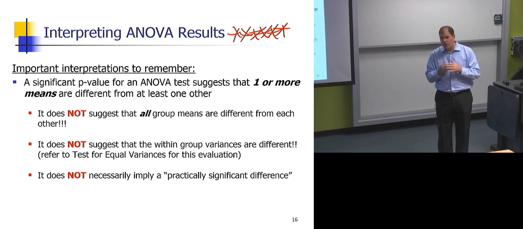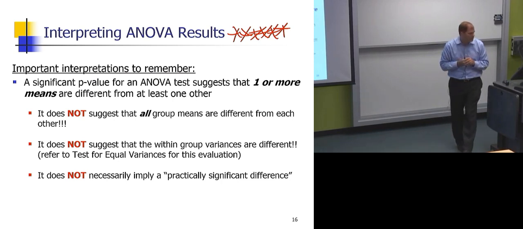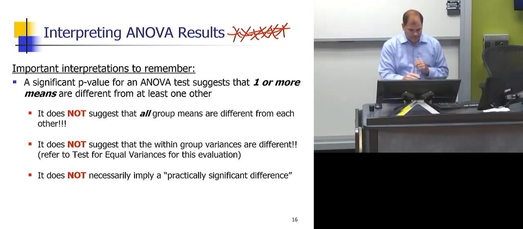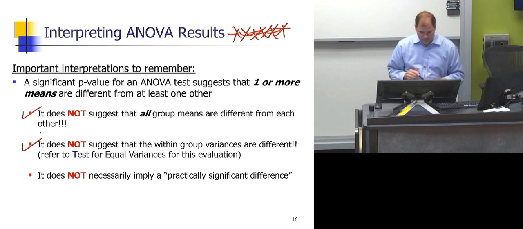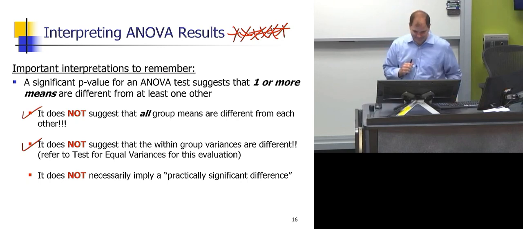Other times, one machine is out of specification, the other one is in. Now it's up to me to figure out why. That's the idea of practical significance. Are we okay? Are we going to get this right on the test? Confidence? All right, we'll see.